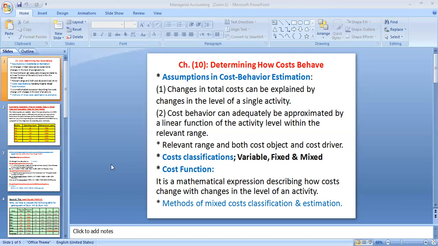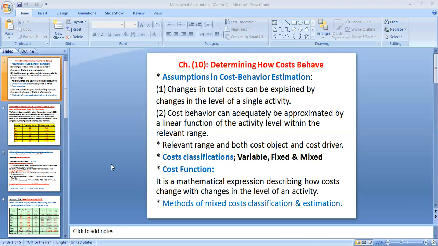Last lecture we began chapter 10, called determining how costs behave. We discussed the assumptions in cost behavior estimation. These assumptions were just two. Number one, changes in total cost can be explained by changes in the level of a single activity.